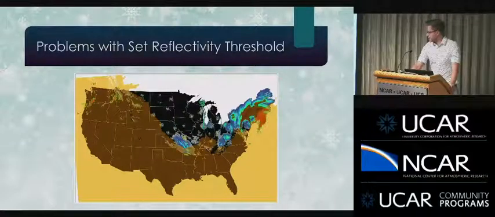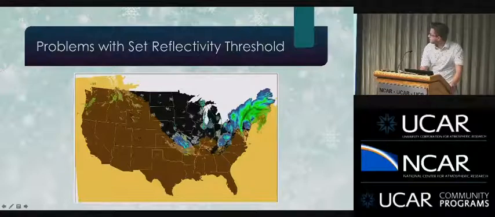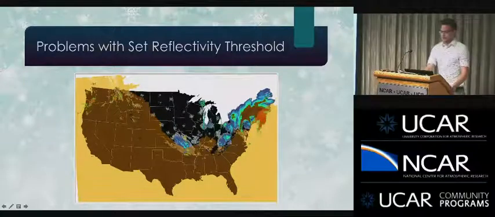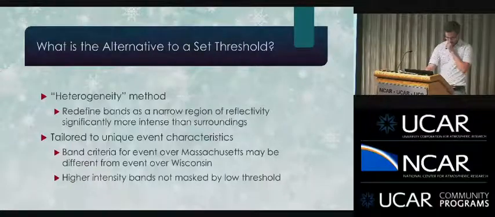This is a 20 dBz threshold, but it's much too low, and we've identified a really large precipitation region instead of just trying to get at that small band. Can you see my cursor? Yeah, the small band embedded within the precipitation region. So using too low a set reflectivity threshold tends to mask out the finer scale features.